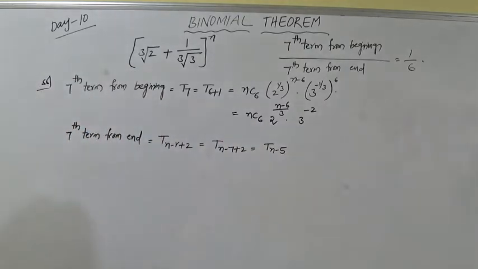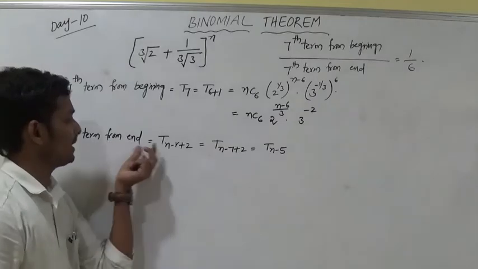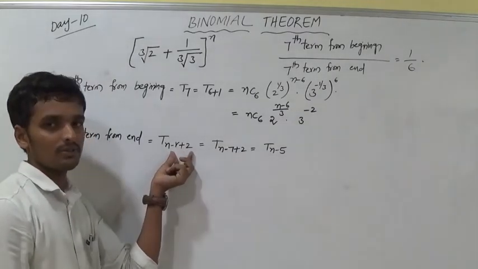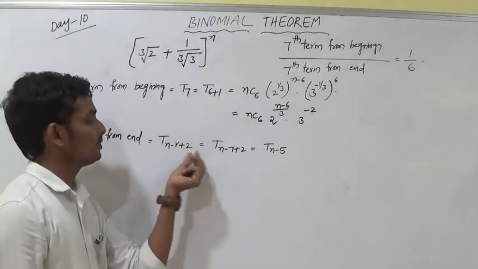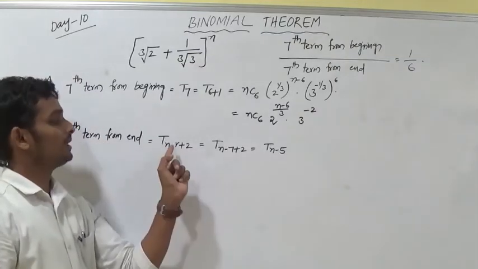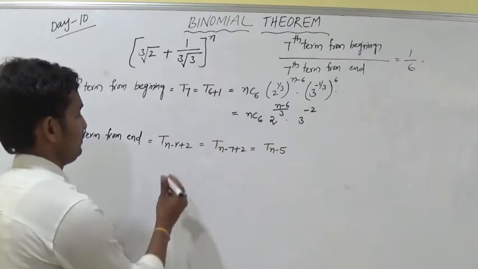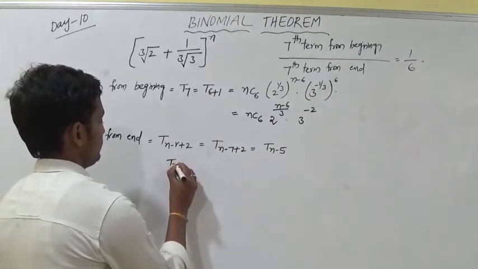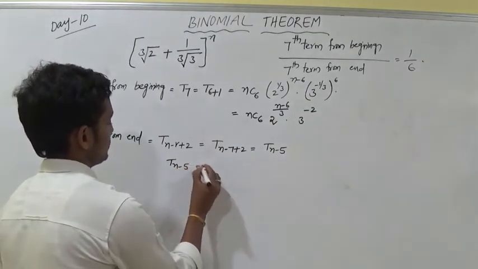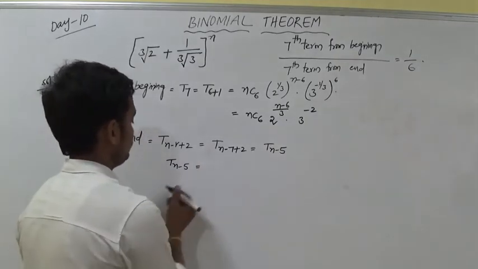Have you observed that the formula for the 7th term from the end is t of n minus r plus 2? Now we are finding t n minus 5.